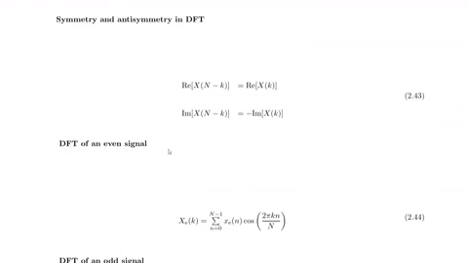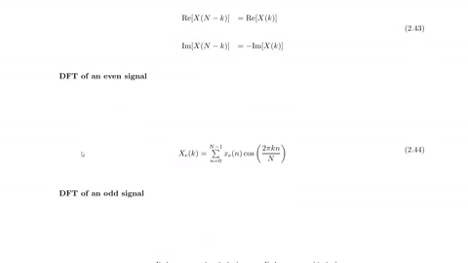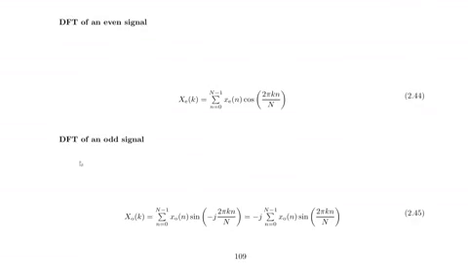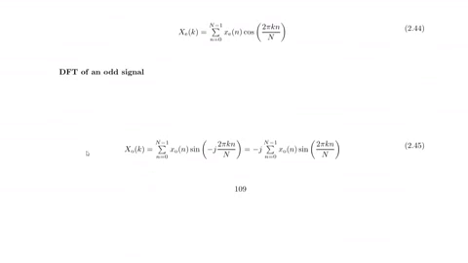DFT of an even signal. If the signal in time domain is even, then DFT will have only real parts having relation with cosine. Okay? And similar topic about odd signal, which will have sine part. Right.